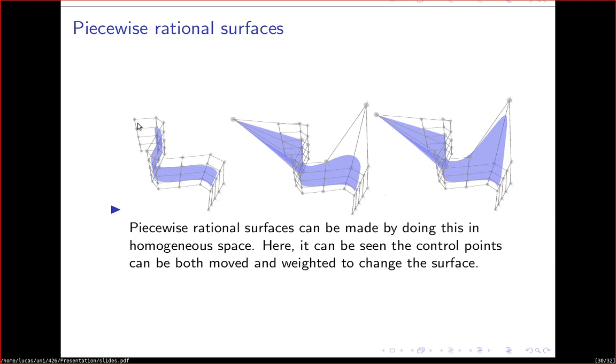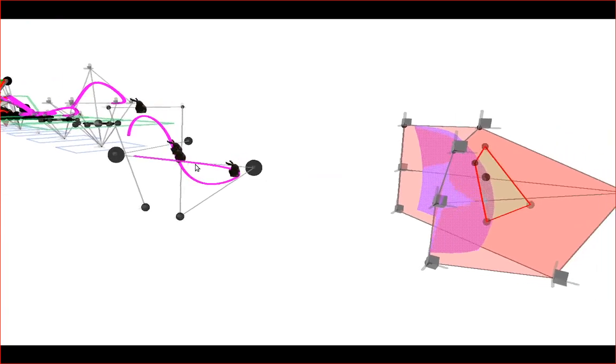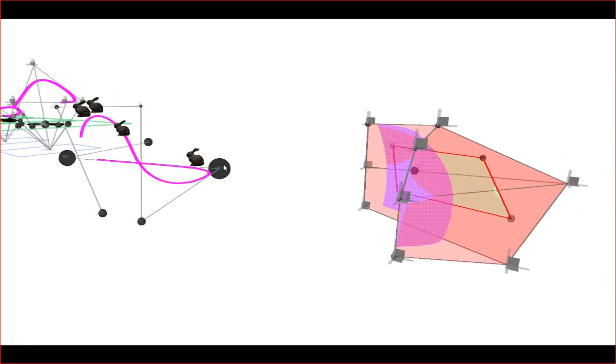Now, as you can see here, we've got a control grid defining a piecewise polynomial surface, well, a rational surface. And you can see here, moving the control points can allow you to control the shape of the object. And in this one here, I haven't moved any of the control points, I've increased the weight of these two. I've increased the weight of this one. And that means that it's gravitated more toward this point, exactly analogously to the animation curve stuff, where I gravitate it toward that point here.